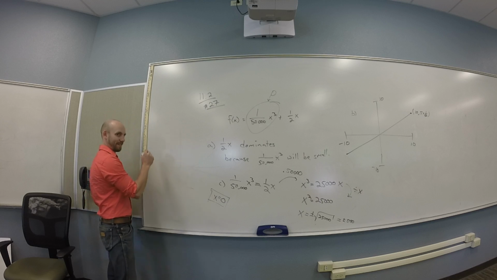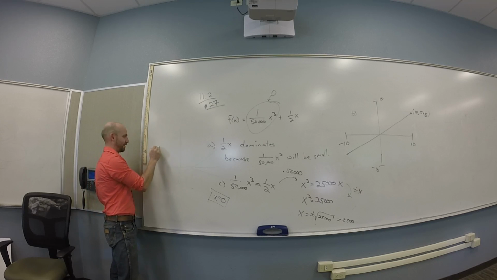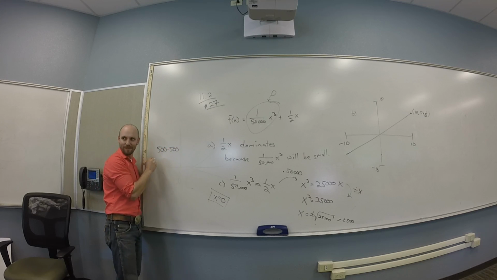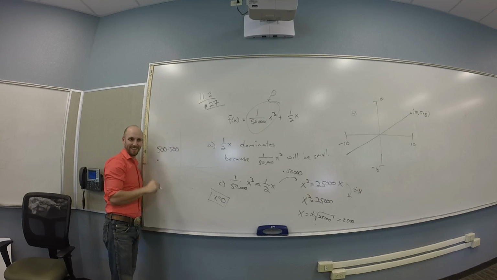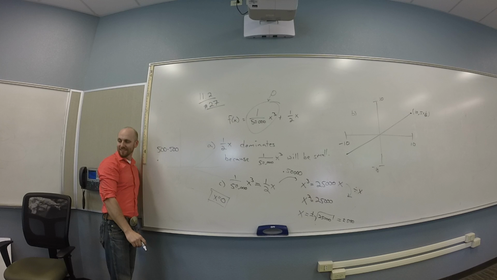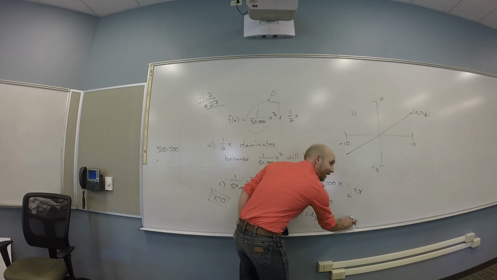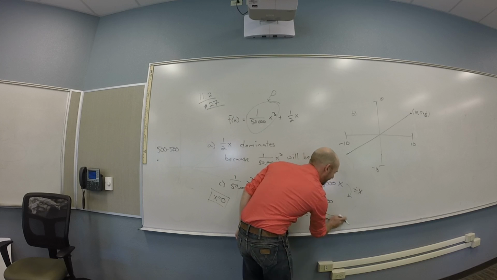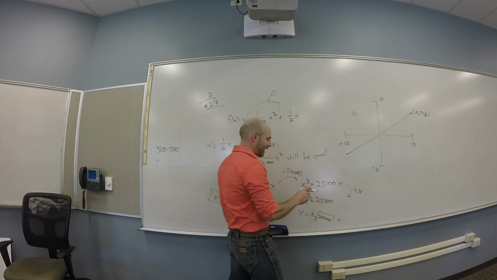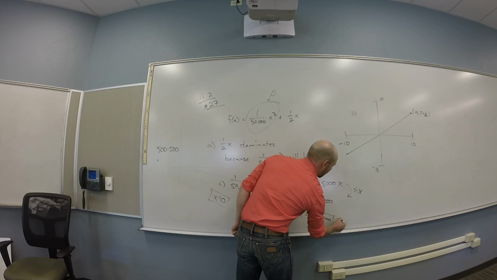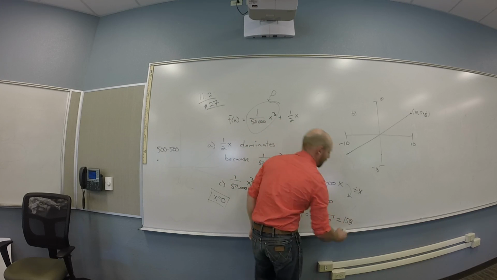It's 5,000. No, it's 500. Is there an extra 0 in this? There is indeed an extra zero. Did I do that right? You almost got me with that one. So, which is approximately 158. Cool.